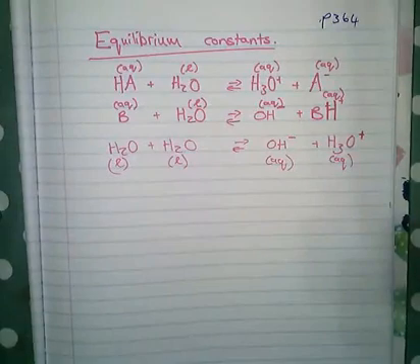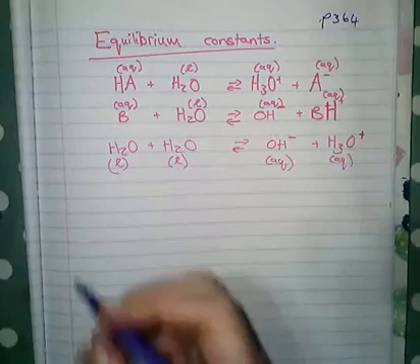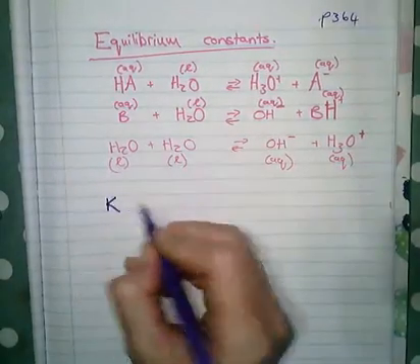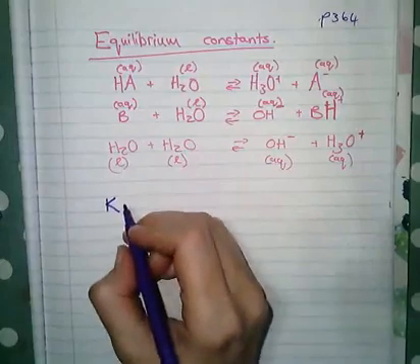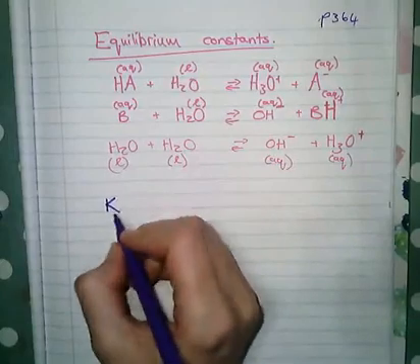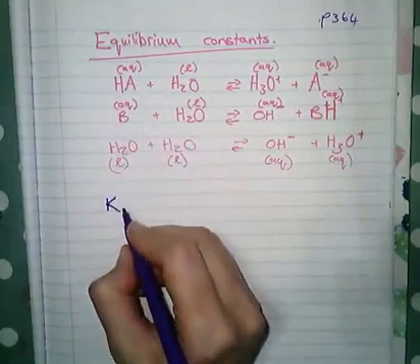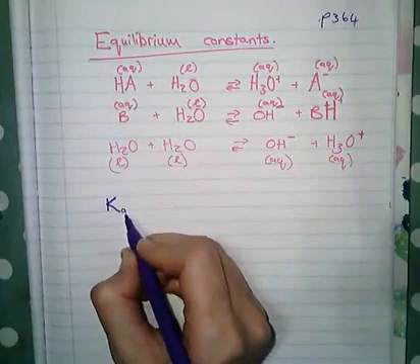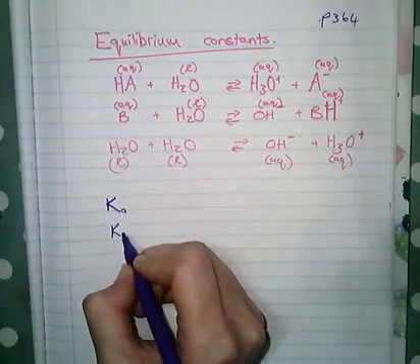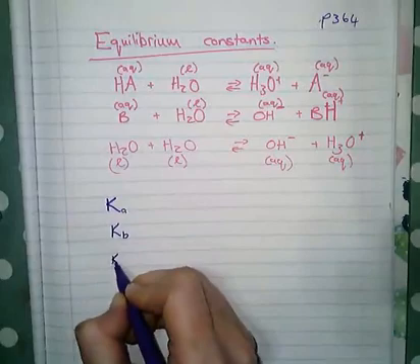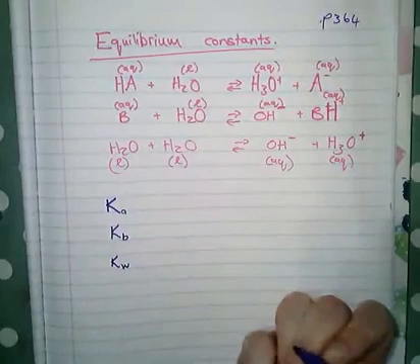So an equilibrium constant, in all cases, is always the concentration of the products, to the power of their balancing numbers multiplied by each other.